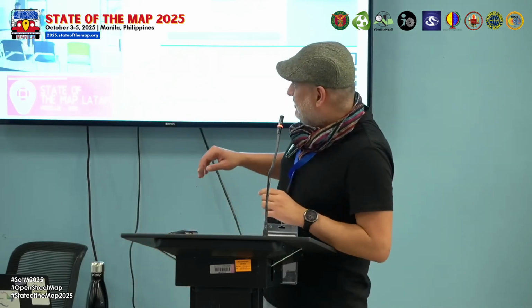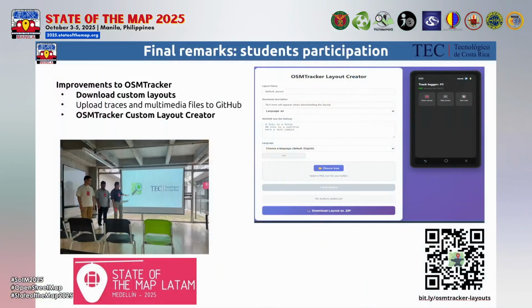And this is probably one of the, I think this is the most interesting functionality for when you work with communities and you want to do the whole process of creating a custom layout and then downloading it and using it. These students created an OSMTracker custom layout creator. You could access it here.